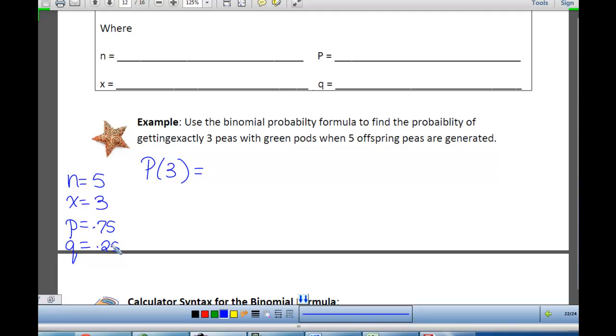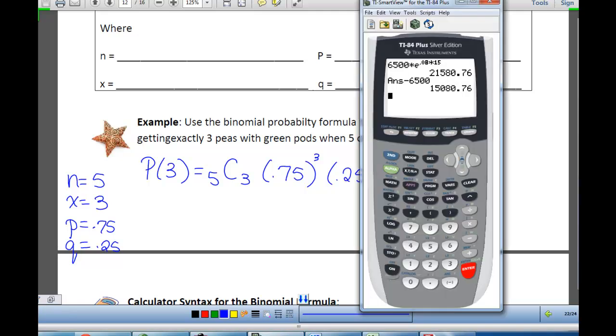If we were to write this out, we would do 5 choose 3 times our probability of success, which is 0.75, raised to the number of successes. How many successes do we have? 3. We're going to multiply it by the probability of failure, 0.25. That's raised to the number of failures, which is what? 2. Okay, so we could do that on our calculator.